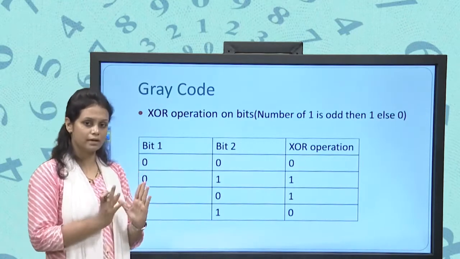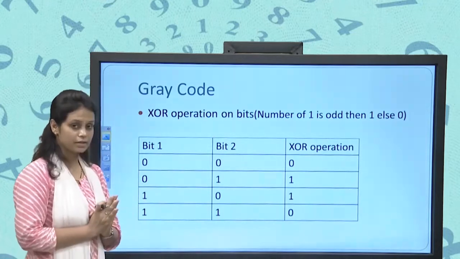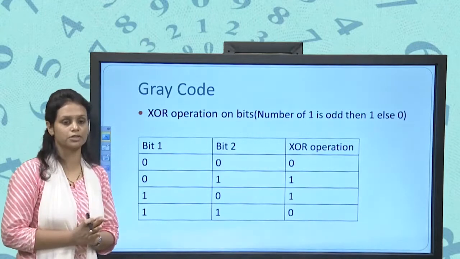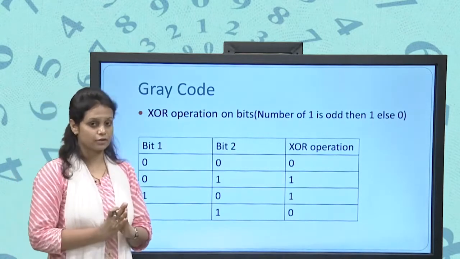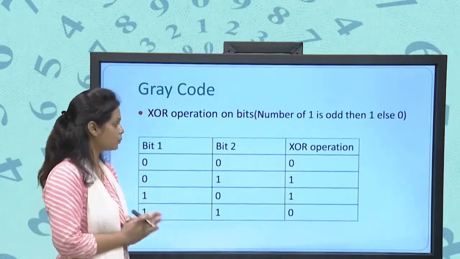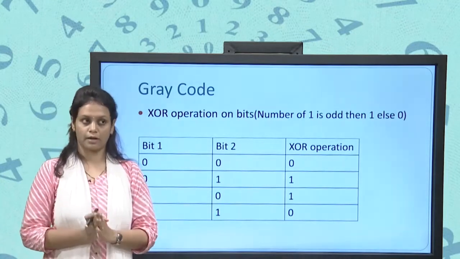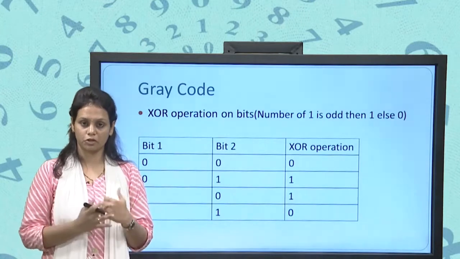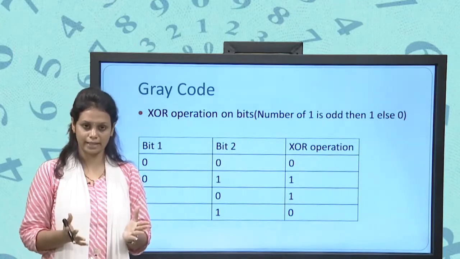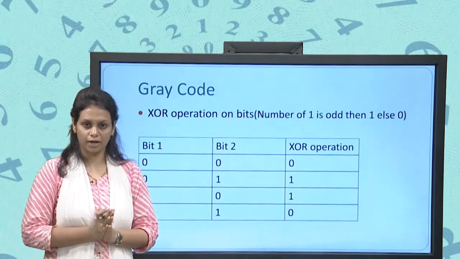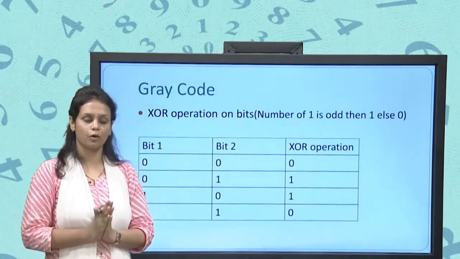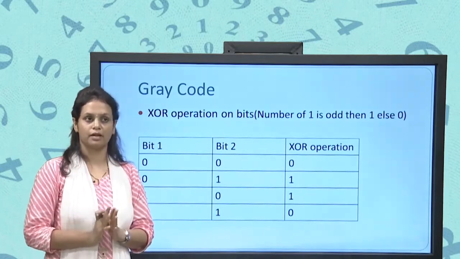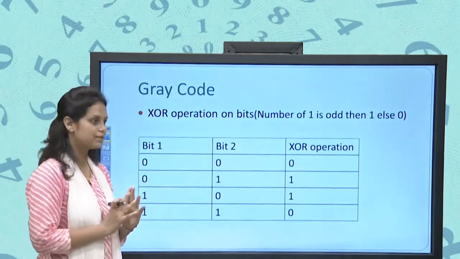I am repeating: if your 2 bits are the same, then the output of the XOR operation is 0, and if your 2 bits are different, then the output is 1. Either way, if the number of 1s is odd, the output of the XOR is 1, and if the number of 1s is even, the output is 0. Okay, we will see the example.